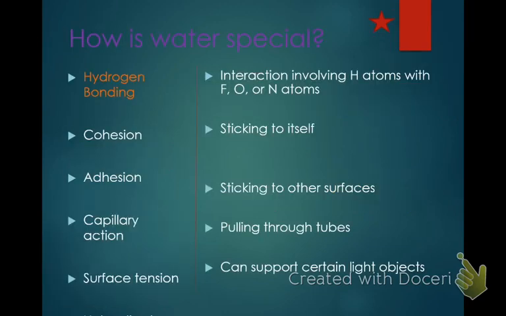So how is water special? Okay, the number one thing that makes water special is hydrogen bonding. This is essentially why it's liquid on Earth, okay? It's interaction between the hydrogen atoms with other atoms, in this case, the oxygen atoms in the water. Okay, it has a couple of unique properties like cohesion, which is sticking to itself, and adhesion, which is sticking to other surfaces. So cohesion is what is responsible for water droplets on your car or anything like that.